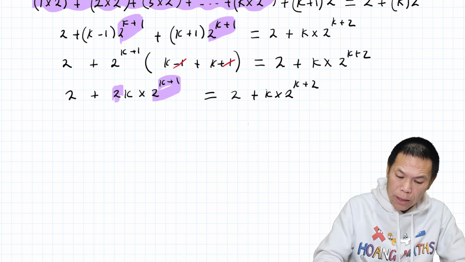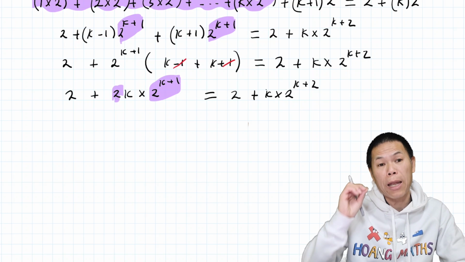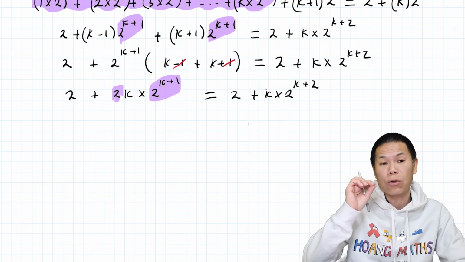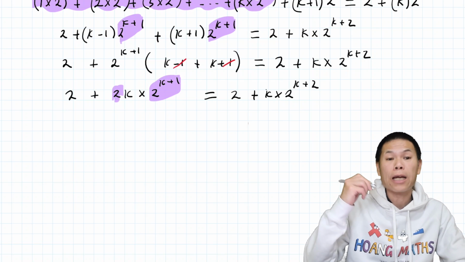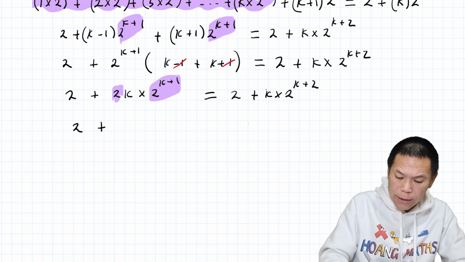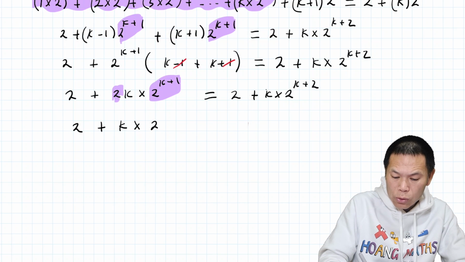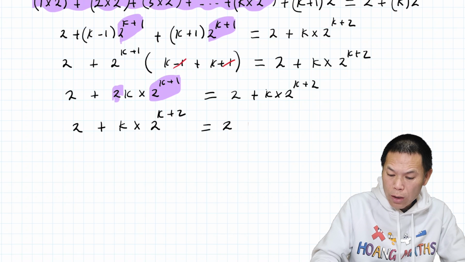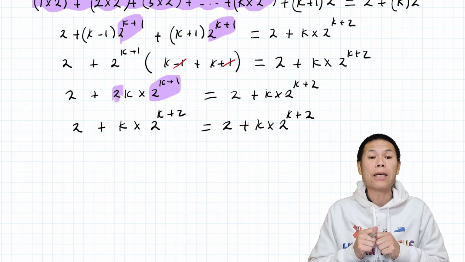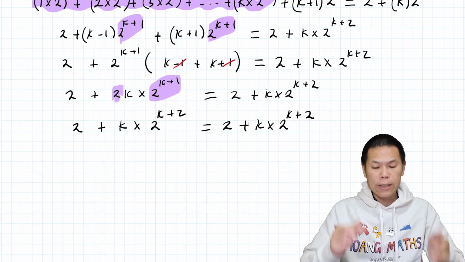And we times with this, it becomes 2 to the power of k plus 2. Okay, we just add the indices. So 2 power 1, so 1 plus k plus 1 is k plus 2. So let me write this down. So 2 plus k times 2 to the power of k plus 2. That is equal to. So there you go. So left hand side is equal to the right hand side.